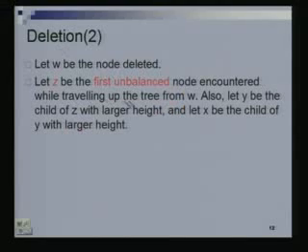So if any are unbalanced, then one of these will be unbalanced. Z is the first unbalanced node encountered while traveling up the tree from W. Now Y is not the child of Z on the path, but we define Y as the child of Z with larger height, and X is the child of Y with larger height.